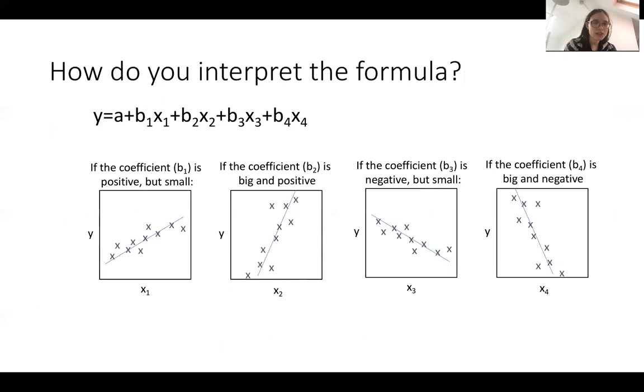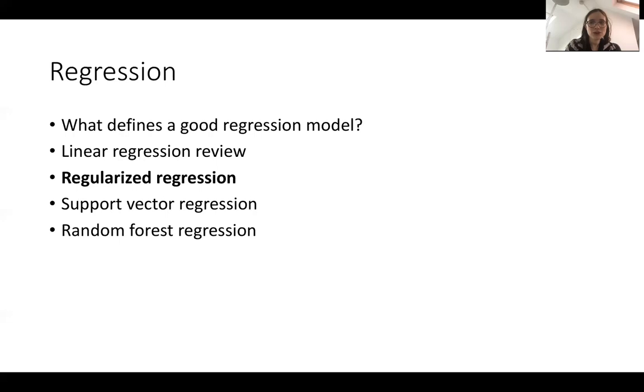Well, if the coefficient is positive but small, then an increase in the x variable will mean a small increase in the y variable. If the coefficient is big and positive, then a small increase in the x variable will mean a large increase in the y variable. If the coefficients are negative, then the correlation will look like this. Hopefully, that was just a review.